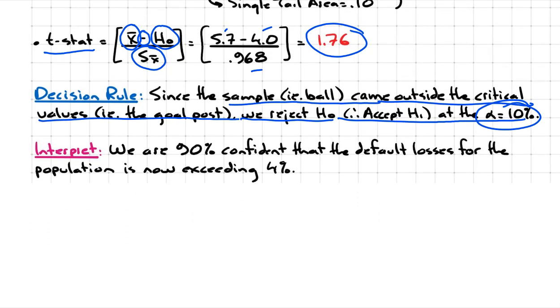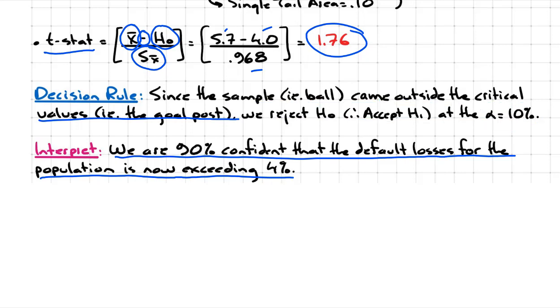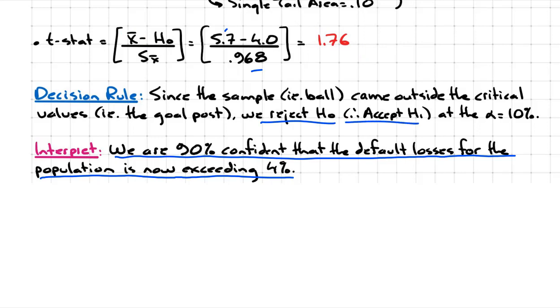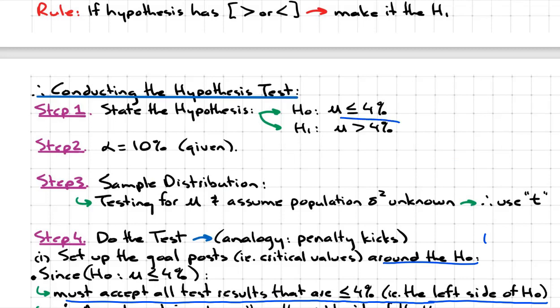And how do we interpret this? We are 90% confident that the default losses for the population are now exceeding 4%. And where is this coming from? Well, when you reject the null, and I made that statement over here, ladies and gentlemen, that automatically implies you accept the alternative. So let's go have a look at the alternative. Here it is.